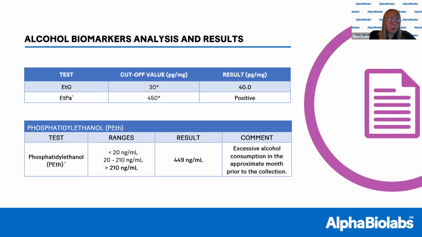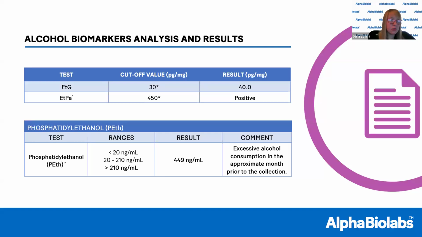So in a follow-up query in this case, the solicitor asked whether binge drinking events during holidays abroad, which only included about 2 weeks of drinking events in total, could have caused the elevation in ETG and ETPA. But it was reiterated in the query response that the alcohol biomarkers reflect average drinking over the entire 6-month period.